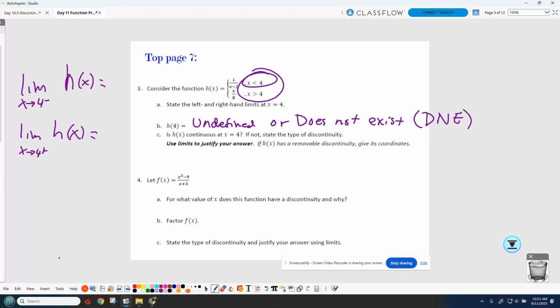You mean left, correct? Yes, I meant left. So plugging into the top, what do we get? The limit of h of x as x goes to 4 from the negative side equals 1/2.